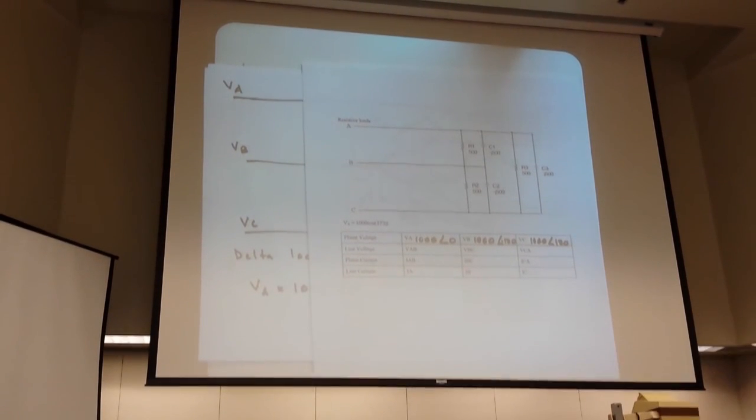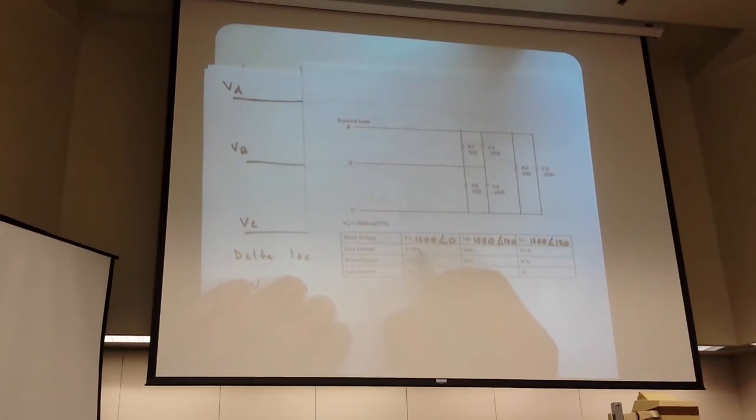And then what else can we do very quickly? The line voltage. That was the square root of 3 relationship. So this winds up being square root of 3 times 1,000, angle minus 30 plus 30, then 1,000 square root of 3, angle minus 90, and angle 150. I realize that's hard to read.